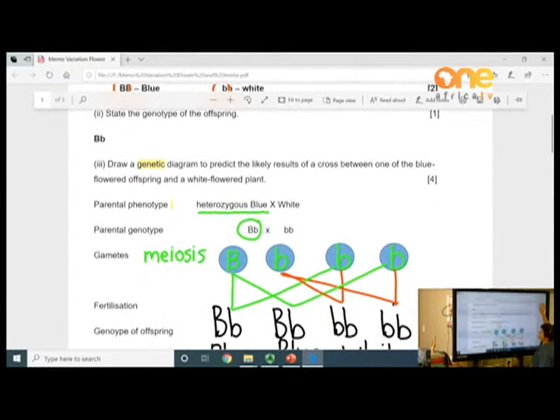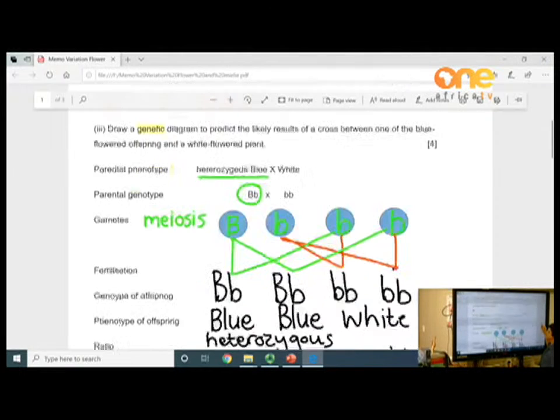When we make a genetic diagram, when we cross one of the blue flowers with a white flower, the blue flowered offspring. So we use the heterozygous blue with the white. That is the phenotype. The genotype is capital B, small b, cross with small b, small b. The gametes will form during meiosis, and my gametes are in circles.